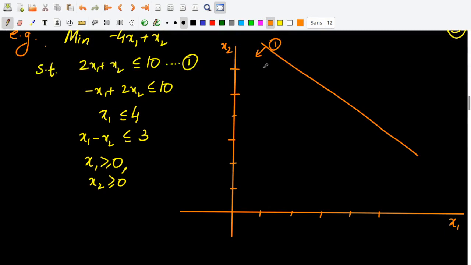So everything below this line is the region defined by this constraint.